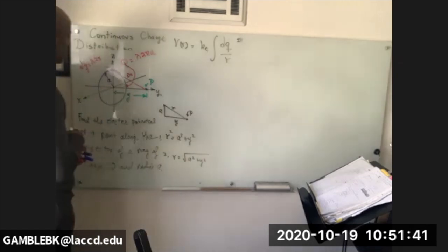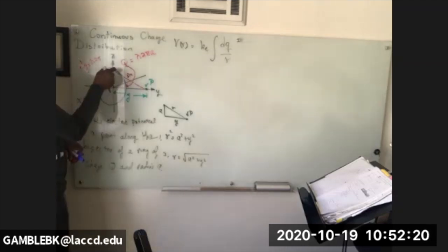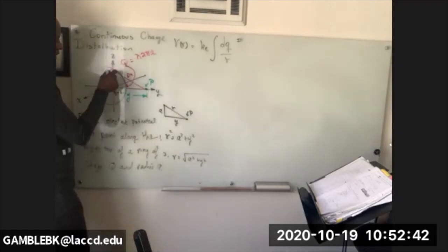If the whole thing is 2 pi times the radius, then this dq is the dq that's on this little element here, and that little element is just a little distance right there. So that would be like a ds.